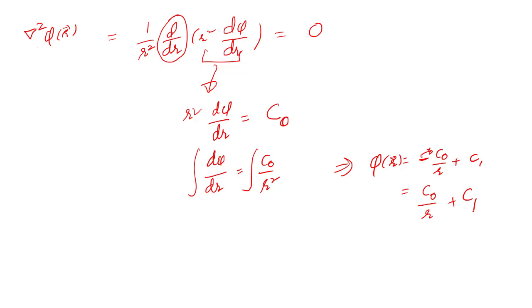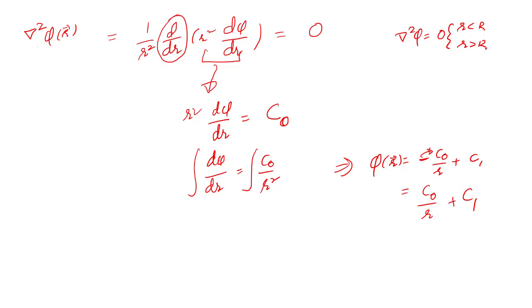C0 by r plus C1. So this would be the general solution for del square phi equal to 0 for r less than R and r greater than R, because we have spherical symmetry here, right?